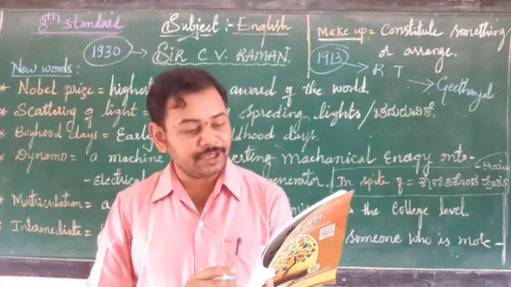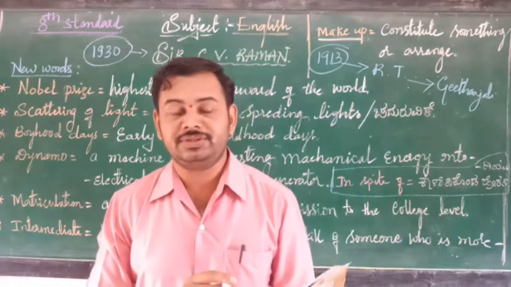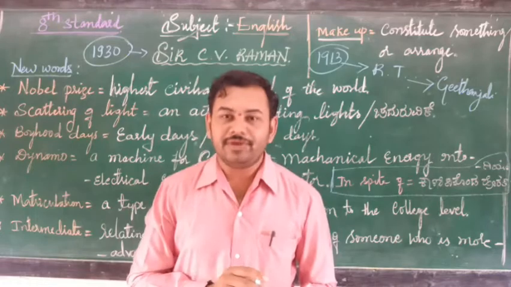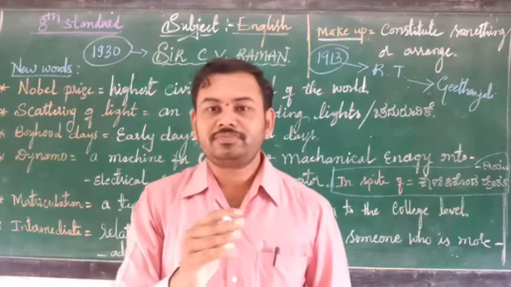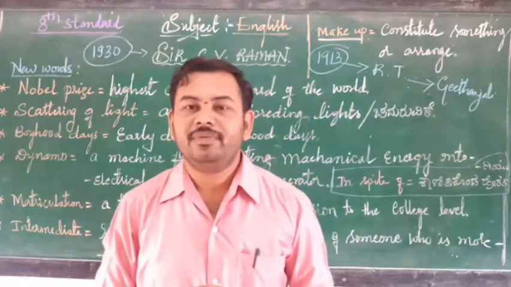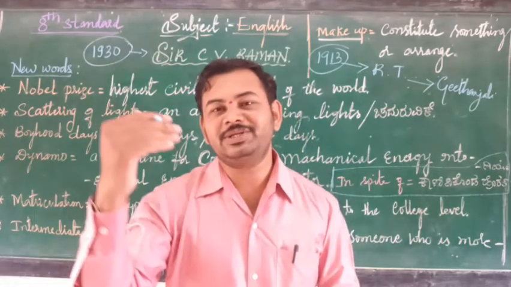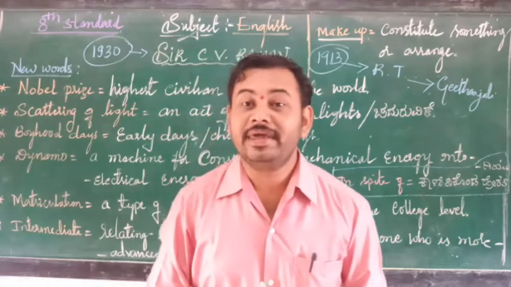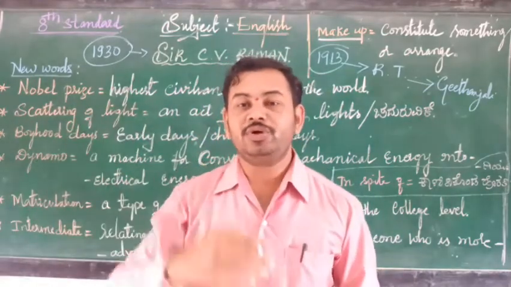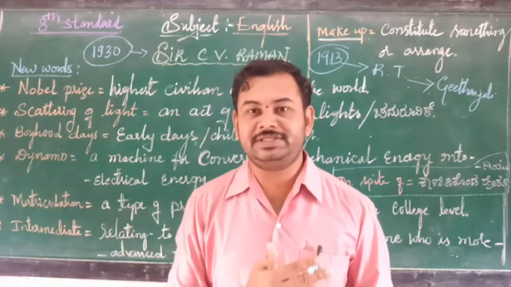The government gifted him 25 acres of land to carry out further research. Dear student, when the government of India came to know that Sir C V Raman had great knowledge in science, since he got the Nobel Prize, the government of India decided to give him 25 acres of land to conduct further studies in the field of science.